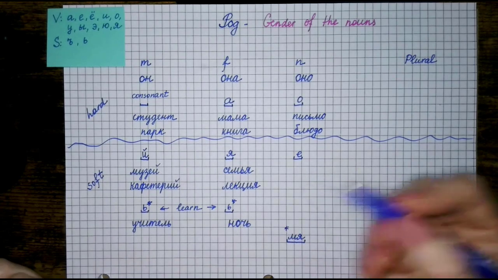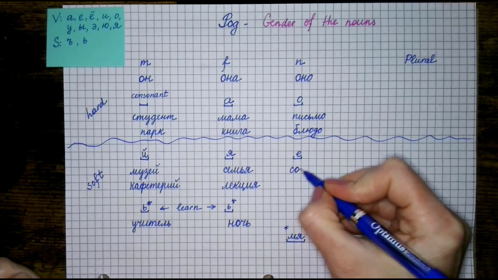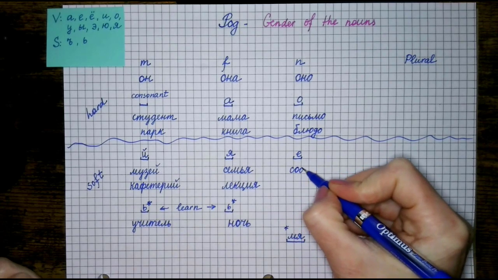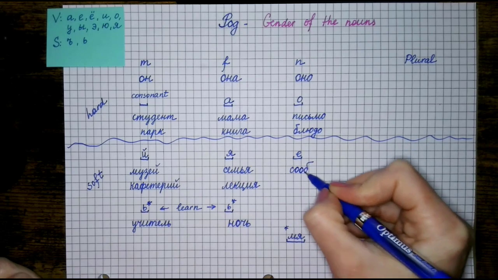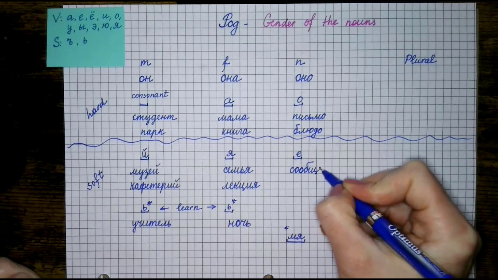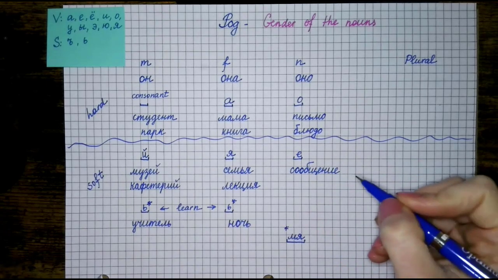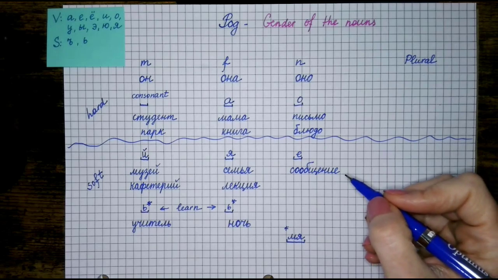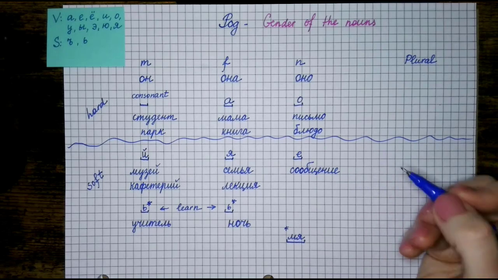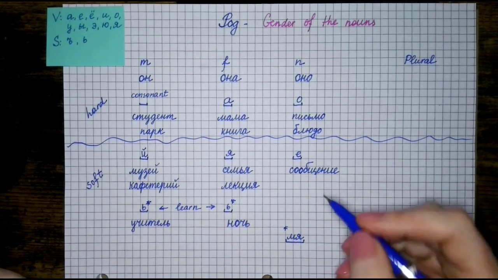For ye, this is the word сообщение. And it means a message that we send on social media, in messengers, over the phone. So this is a very common word. Looks scary, but it's a useful word to know.